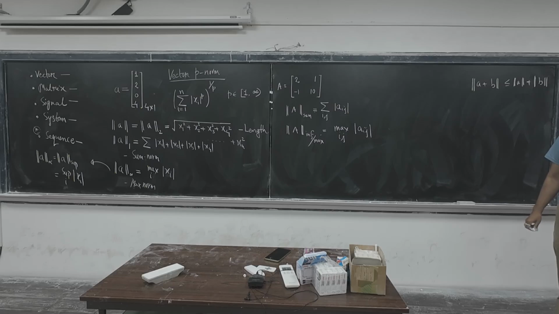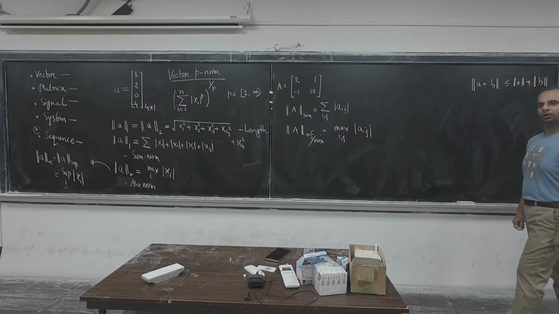Row and column also have separate norms: for a matrix, the maximum of the row sum, the maximum of the column sum, isn't it? That is also there, but usually we don't use those things. That's why, in that book, they have defined 6 matrix norms, but usually we don't need that many.